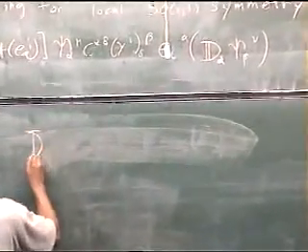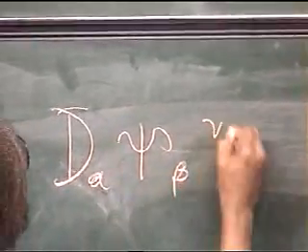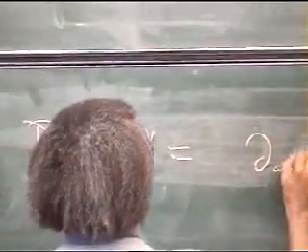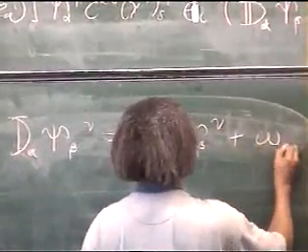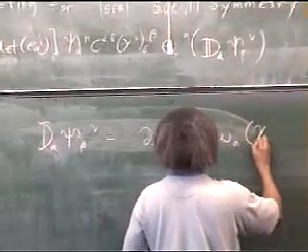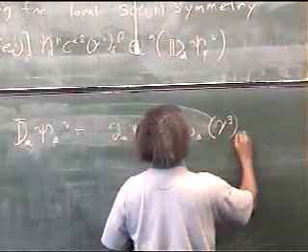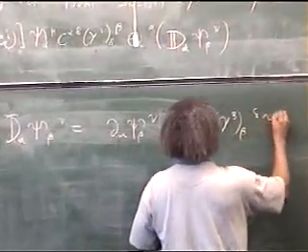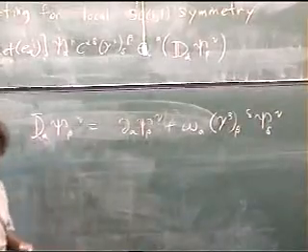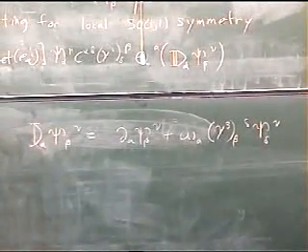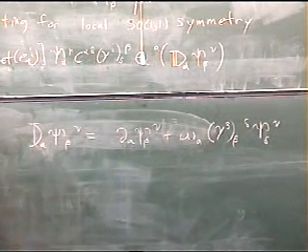We say that D A acting on psi beta nu is actually partial A on psi beta nu plus omega A times gamma 3, well, I've got to define this object. I haven't done that so far, but I will shortly, times psi delta nu. That's the covariant derivative with respect to SO(1,3). Now, what's this thing gamma 3?